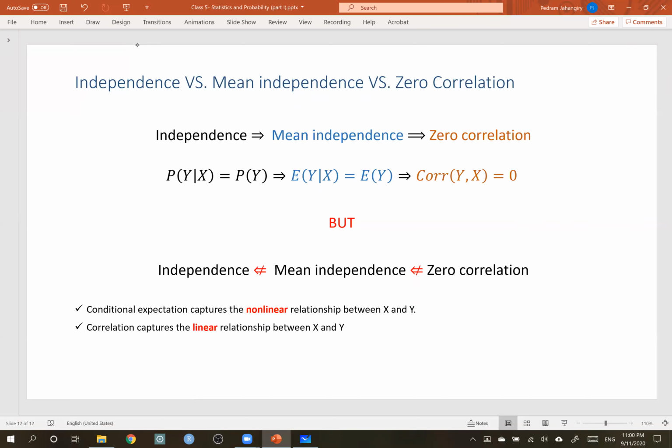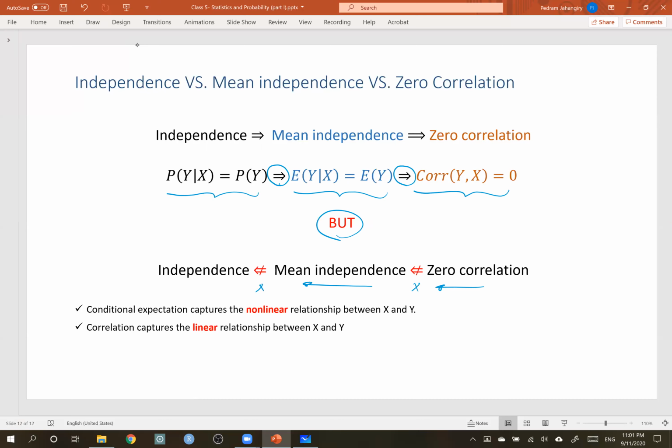What does it say? It says that independence, the way that we define independence, will lead to mean independence, and mean independence will lead to correlation equal to 0. However, the other way around does not work. If I have two random variables whose correlation is 0, I cannot conclude that they're mean independent, and I cannot conclude that they're independent.